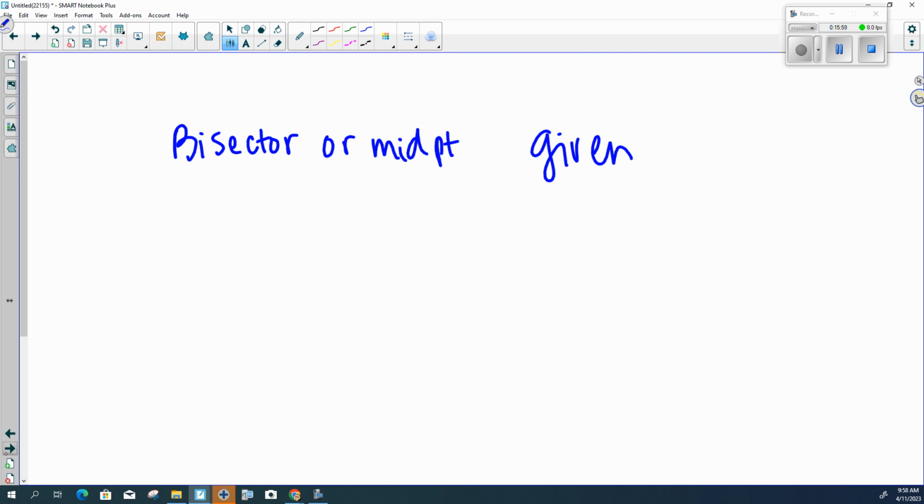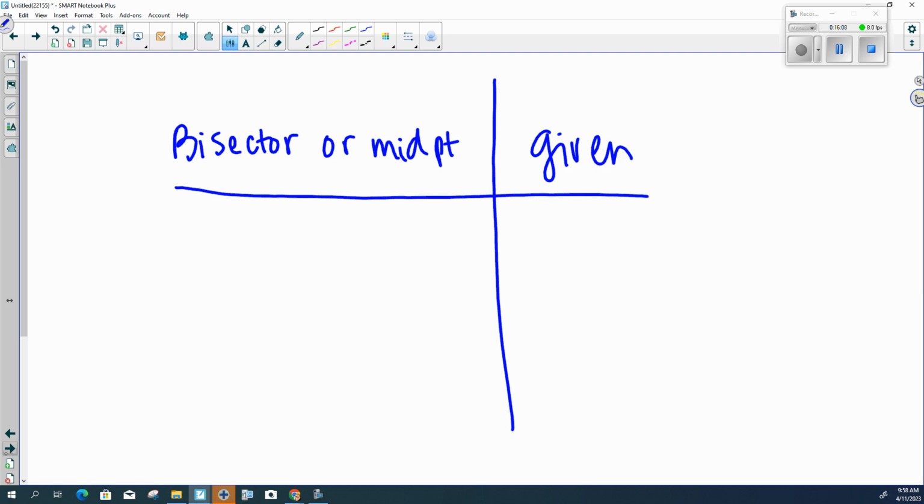Where did I get to? Miles, what's the next thing I should write in my proof? Either the two angles or the two lines you can find from that bisector or midpoint? Yes. I'm going to call that a congruent statement. So we are concluding that something is congruent because we've cut it into two equal pieces. So your congruent statement has to go next.